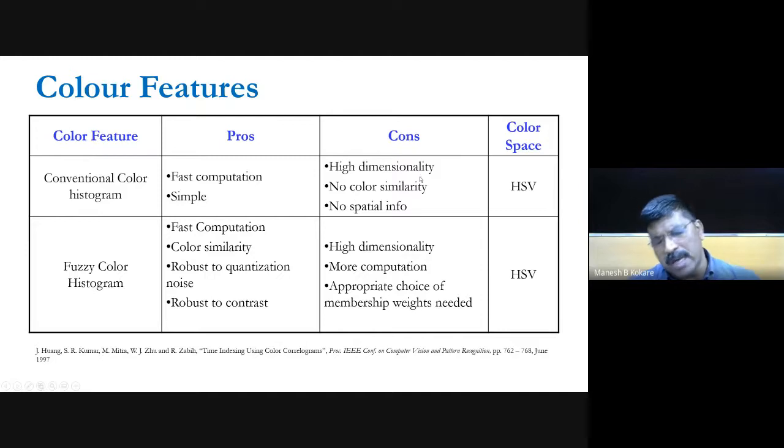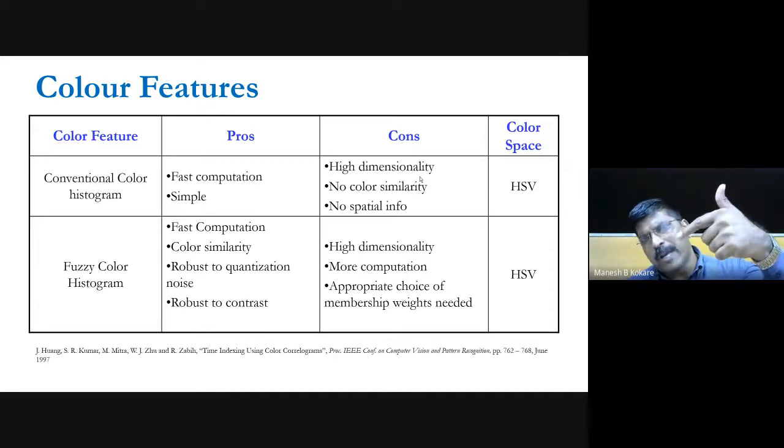High dimensionality. For example, if you simply take the RGB color histogram, in the R channel there are 0 to 255 gray levels, in the G channel again 0 to 255, and in the B channel again 0 to 255 gray levels.